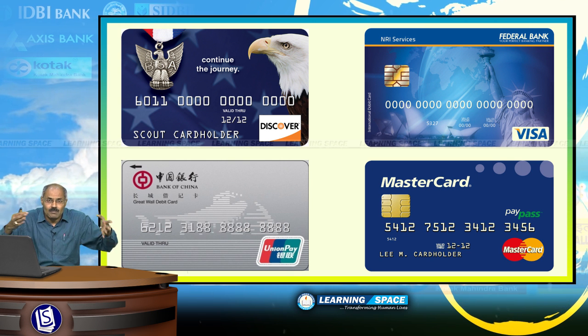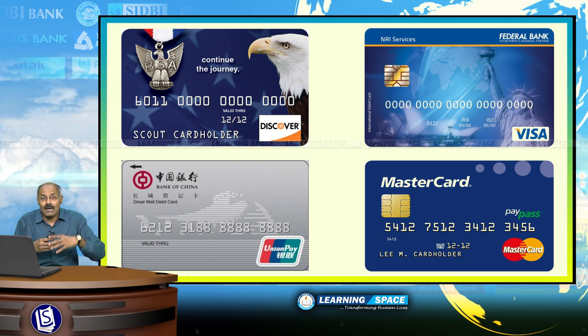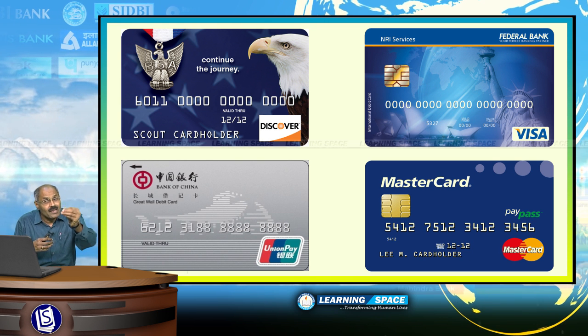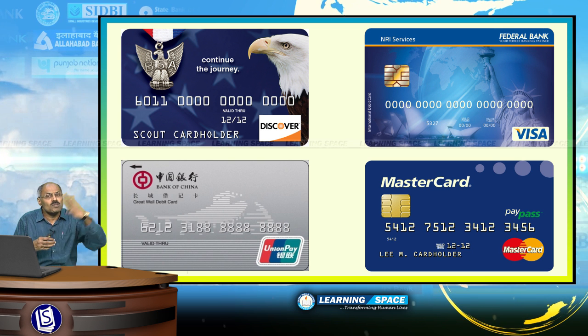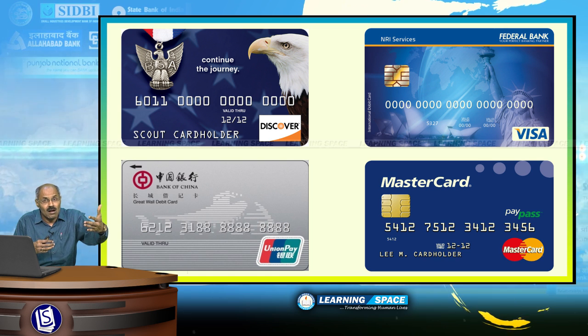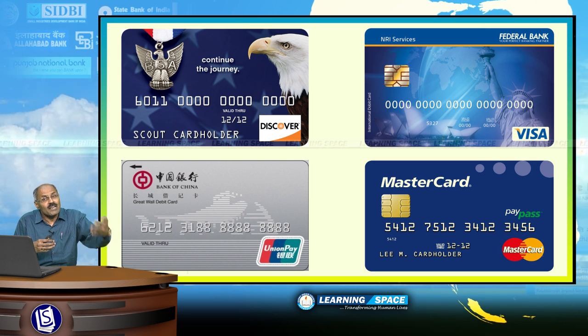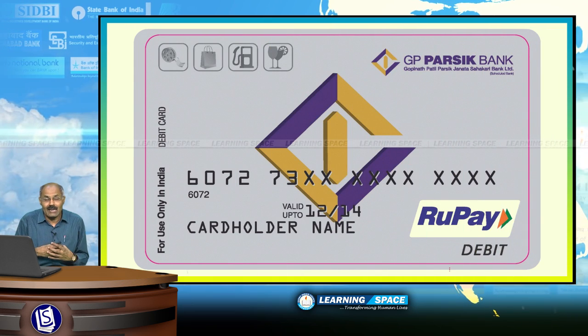There are other types of financial platforms, and India also developed its own financial platform, that is RuPay platform. Previously, we used to take the platform of either Visa or MasterCard, but we developed our own platform RuPay, and we are going to discuss in detail, right?